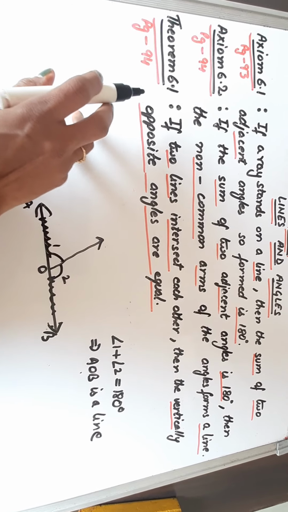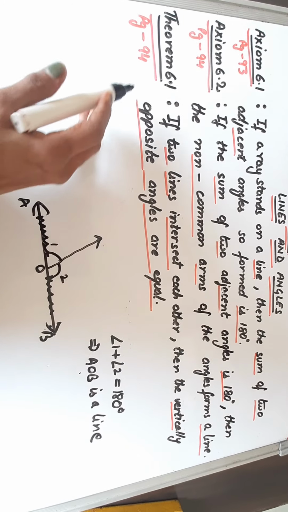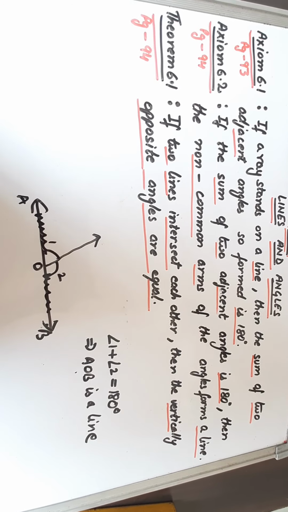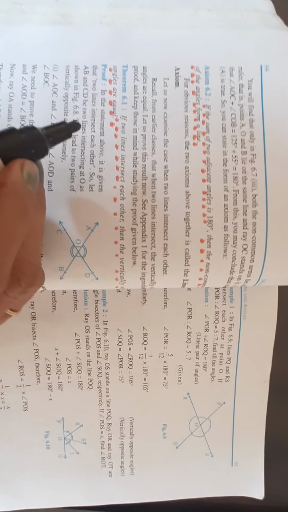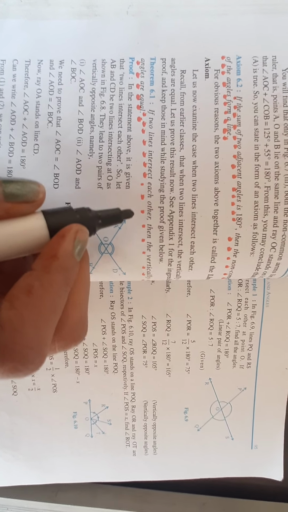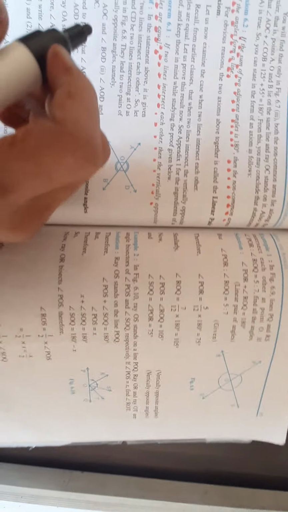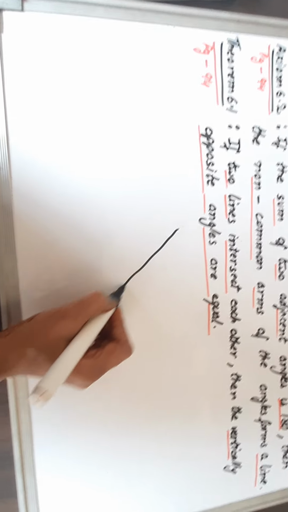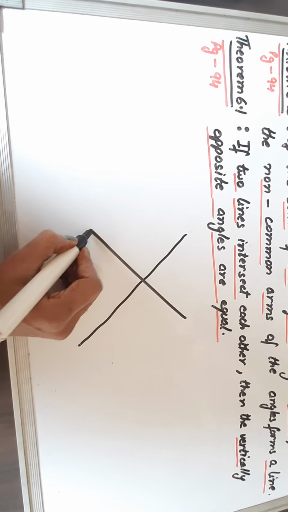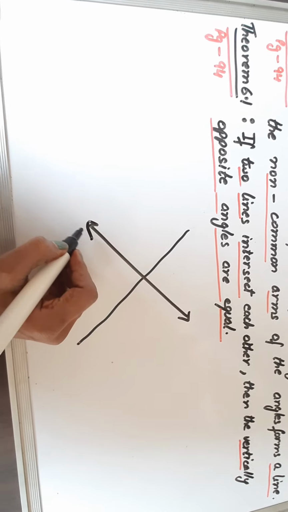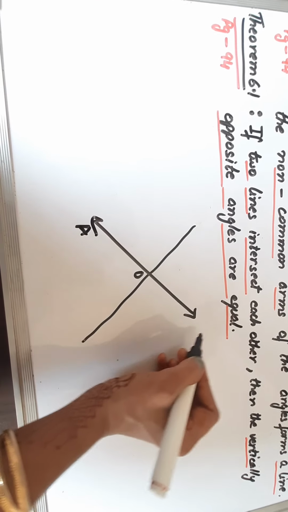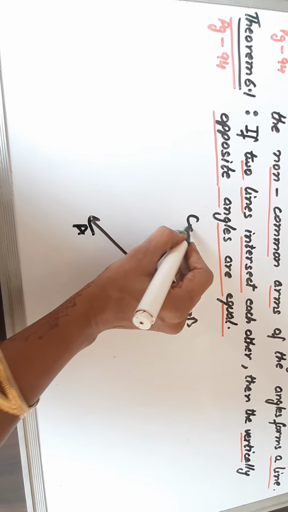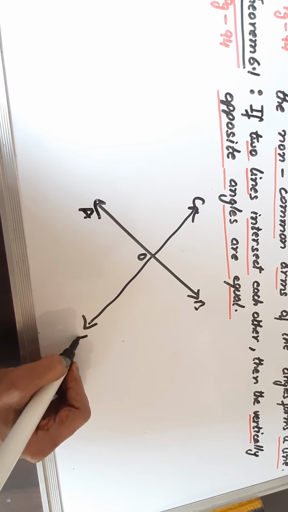Now theorem 6.1, which is again given on page number 94. The 6.1 theorem is, if two lines intersect each other, then the vertically opposite angles are equal. So if two lines intersect each other, let us make two lines. They are intersecting each other. Let the first line be AOB and the second be COD.